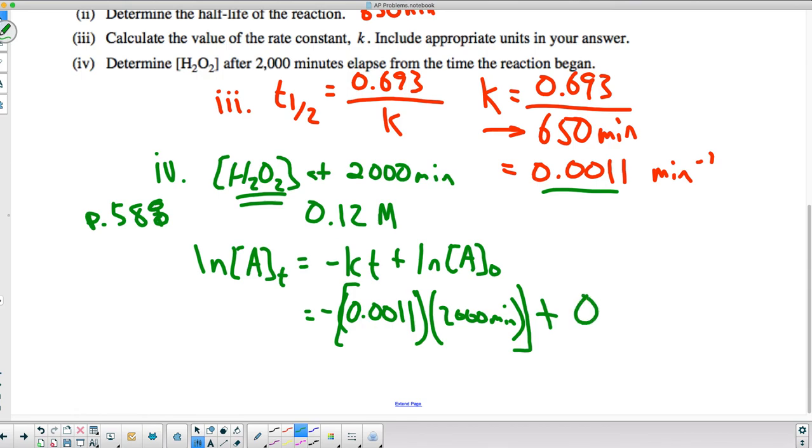So now I multiply the rest of that, just that end part. I got 0.0011 times 2,000. That equals negative 2.2. It's the natural log of this.